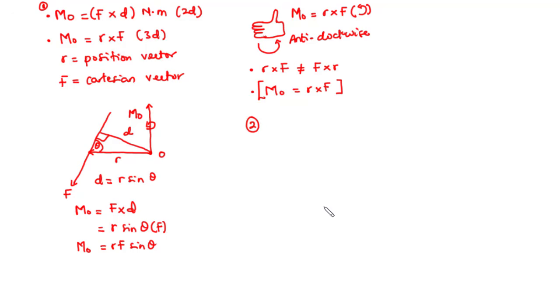So secondly, let's say we have a force F which is acting along this line, and then we have this to be point O, and at point O, directed from O to any point on the line of action of F, we have the position vectors R1, R2, and then R3.